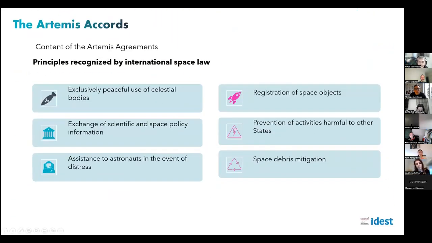So the content of the Artemis Accords: some principles are just confirming principles already proclaimed by international space law, that is to say, the exclusive peaceful use of celestial bodies, the exchange of scientific and space policy information concerning the moon and other celestial bodies, the assistance to astronauts in the event of distress, the registration of space objects, the prevention of activities harmful to other states, and space debris mitigation.